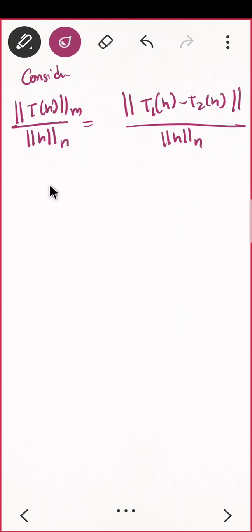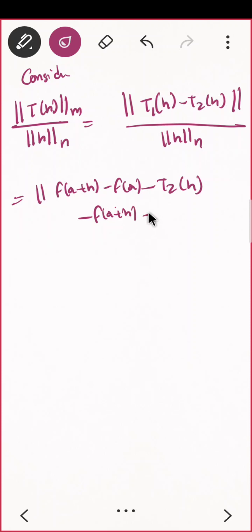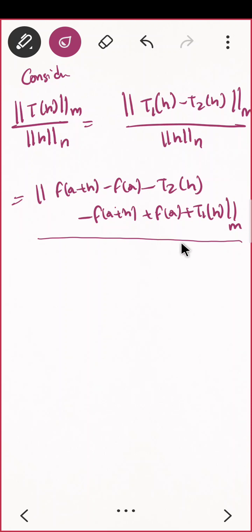So if you add that, going a little ahead, by adding and subtracting f of e plus h, I will be having f of e plus h minus f of e minus t2 of h, and for t1, plus will remain, so you need to take minus f of e plus h plus f of e and plus t1 of h. Norm m, keep writing m n here because we are having different norms. This is norm h. Can I use the triangle inequality?